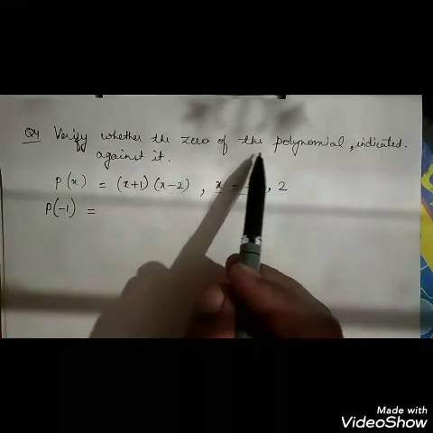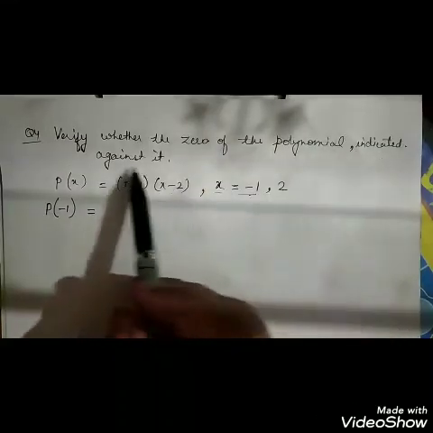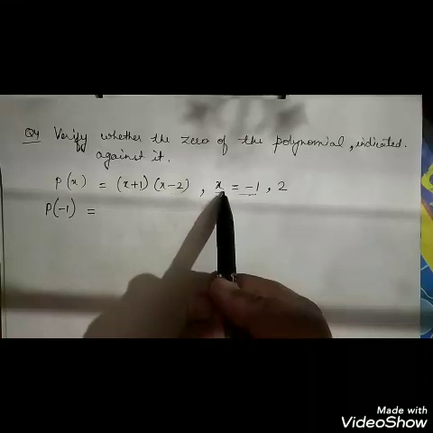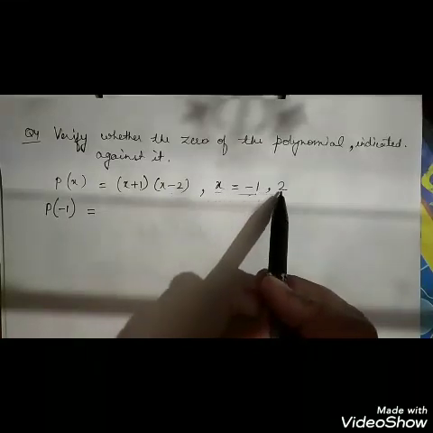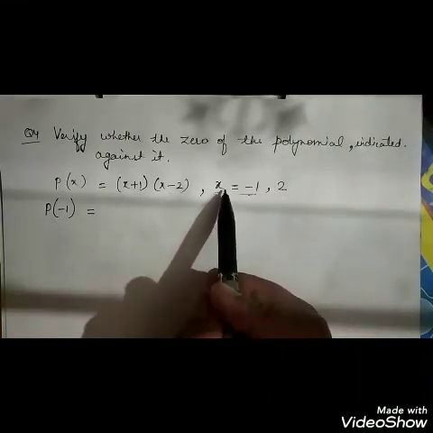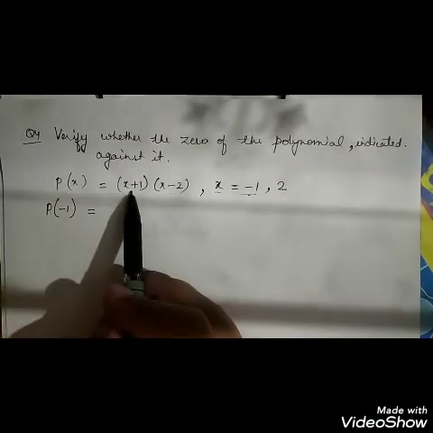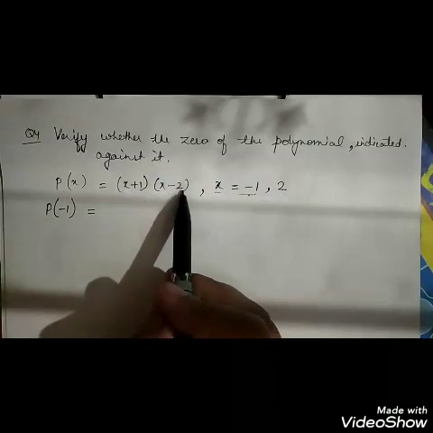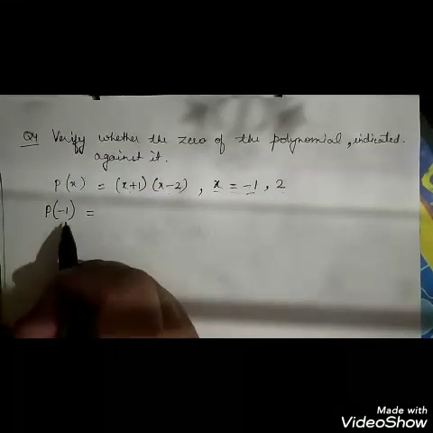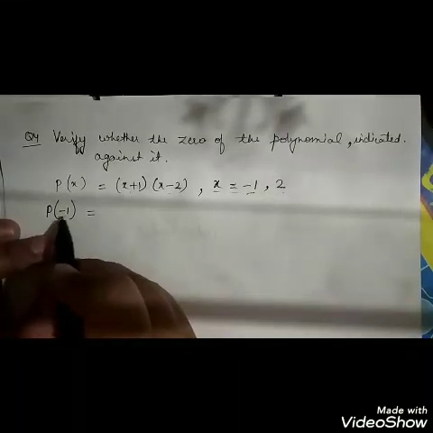Now next question. Verify whether the values indicated against the polynomial are its zeros. We are to verify whether x = -1 and x = 2 are zeros of the polynomial p(x) = (x + 1)(x - 2). So first of all we will verify it for -1.